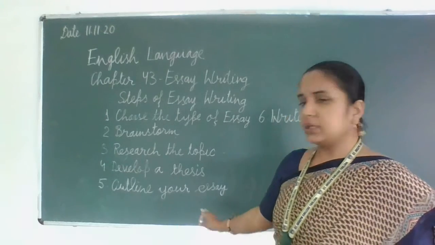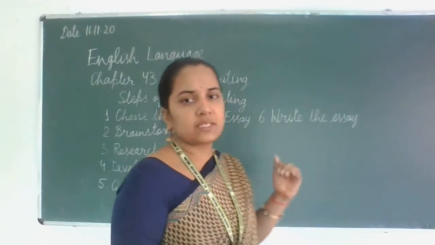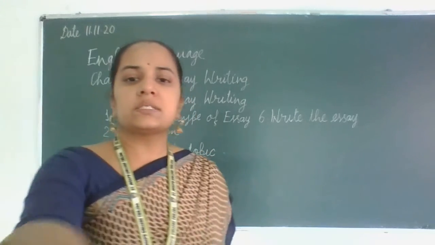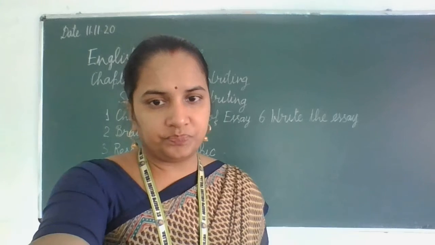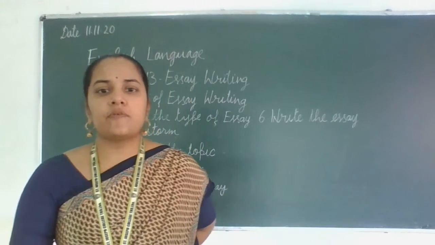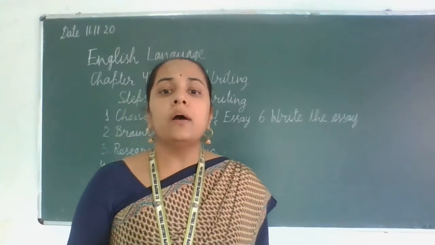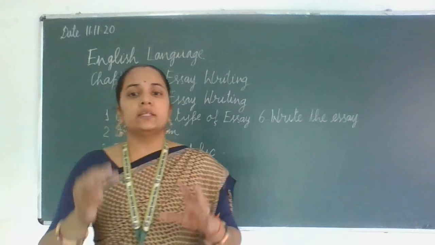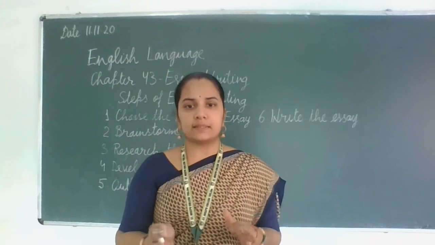After we have decided all these things, then you will actually start writing the essay. So write based on the outline itself, fleshing out your basic skeleton, the structure, to create a clear essay.